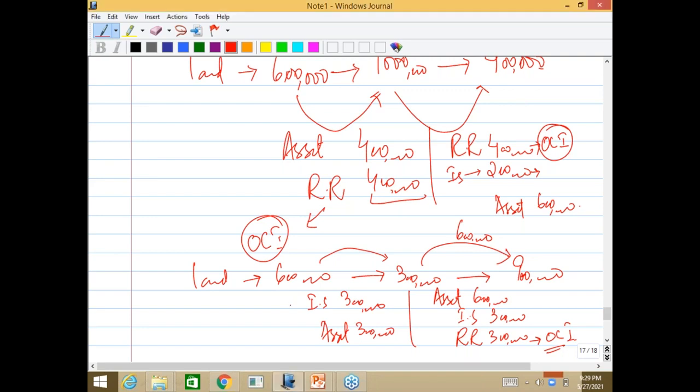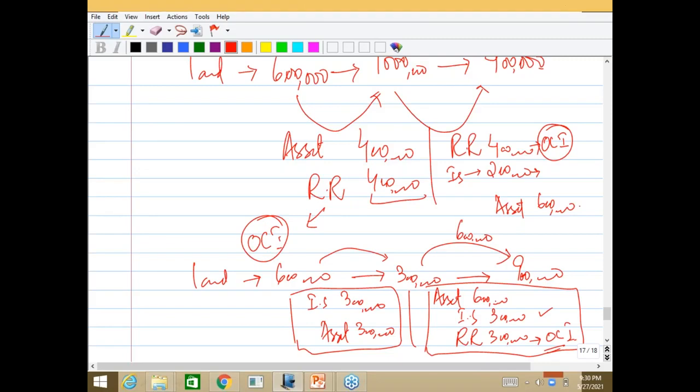Now previously we have booked a loss of 3 lakh rupees in the income statement. Now when we see a gain, the standard says that whatever loss you have booked in the previous year should be reversed. So first you need to credit the income statement by 3 lakh. We are making this reversal in the next year actually. In the previous year we have booked a loss, and now in the current year we are going to book a gain of 3 lakh.